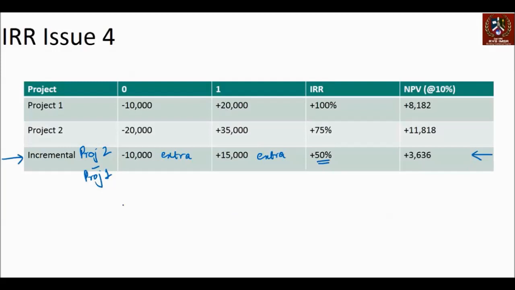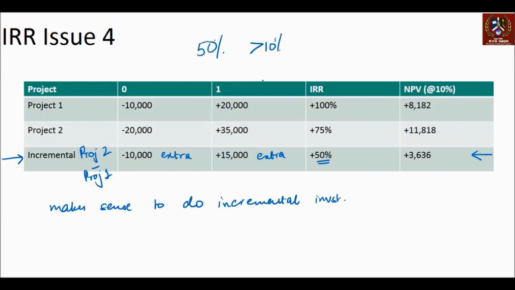That's positive. So it makes sense to do this incremental investment, right? It makes sense to do the incremental investment because the IRR is greater than your cost of capital. 50% of IRR is greater than 10%, which is what you are raising money at, and NPV is positive.